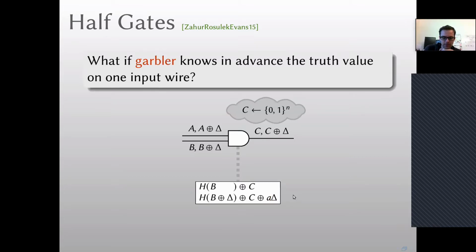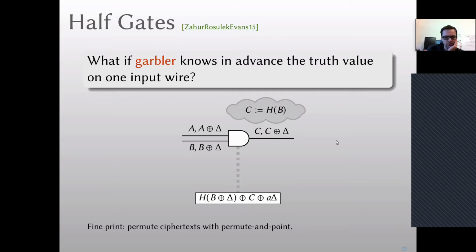Okay. But we know there's another trick. So that looks like the answer to my question is, well, you could garble this for 2 ciphertexts. But we have tricks that we remember. So we have a row reduction trick. This idea of row reduction, you can use it all the time in cryptography. It seems like it's very powerful. So I could say, instead of choosing this C value uniformly at random, I choose it so that the first ciphertext becomes all zeros.